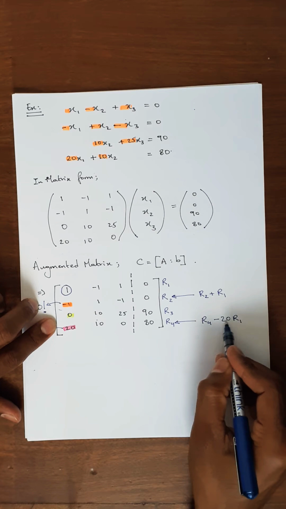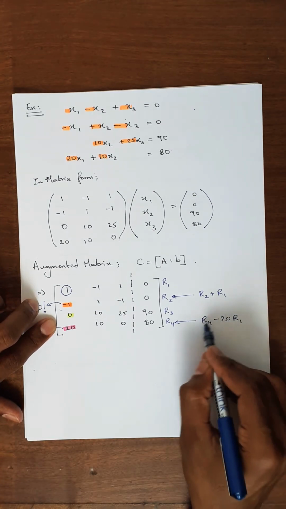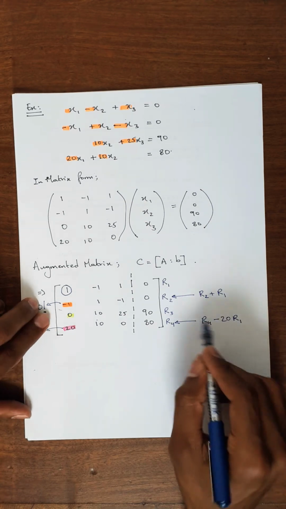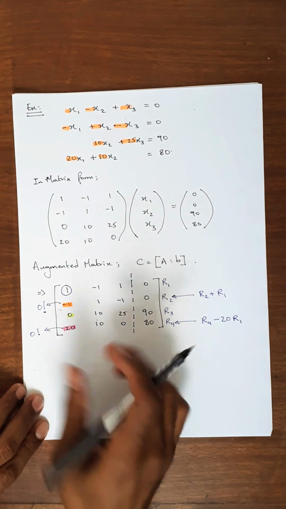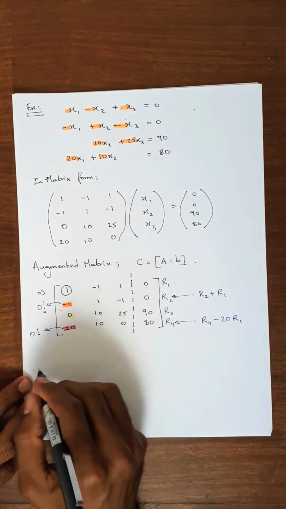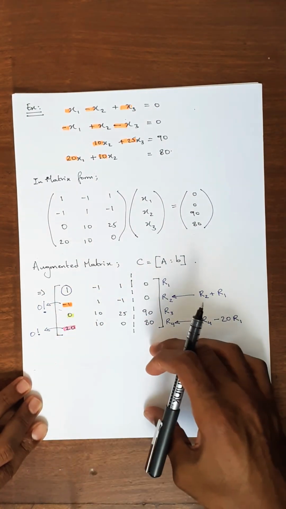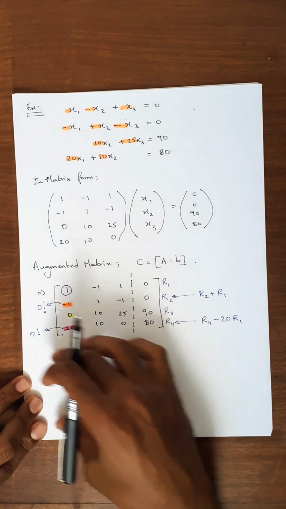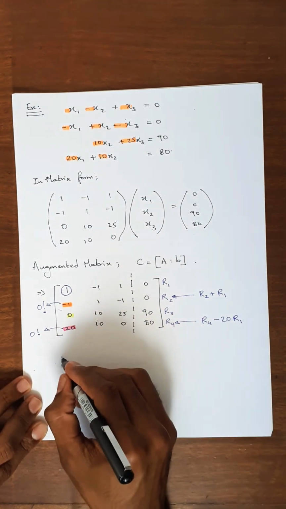So you have a scalar multiplication and a simple row operation, addition and subtraction, and then you simplify this augmented matrix. One thing is very clear: this is not equal to the simplest form. You don't write equal, just write the matrix.